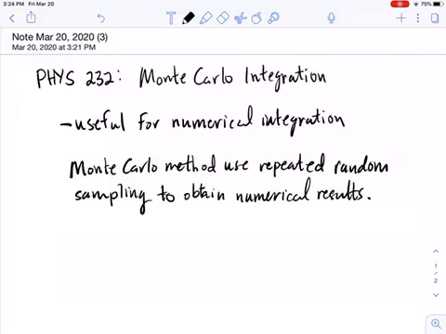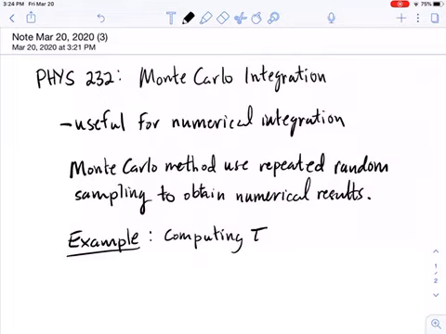So the first example is probably the most commonly used one for an introduction into the Monte Carlo method. And so what we're going to try to do is come up with a way of computing the value of pi.